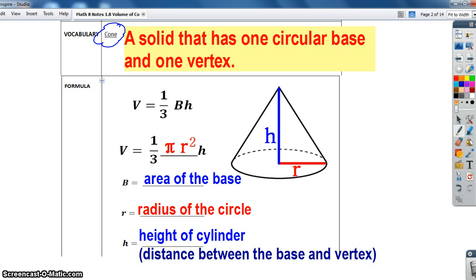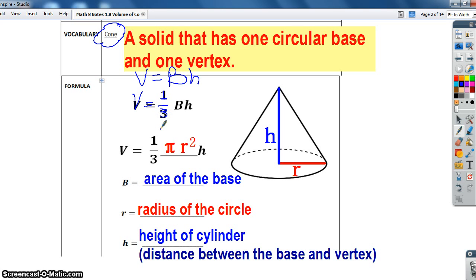All right, for the formula, we know that before, when we had the cylinder and the rectangular prism, it was just volume equals base area times height. Now what does this tell us if we have volume equals 1/3 times the base area?